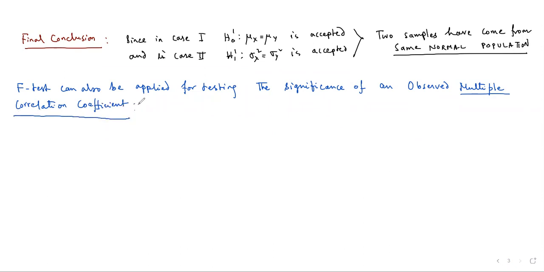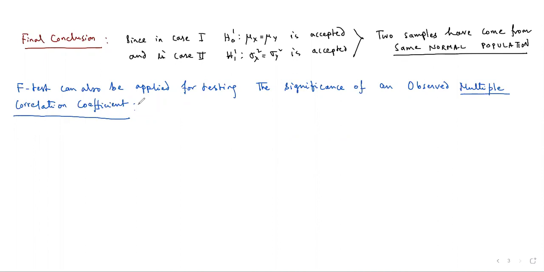Now, this is a kind of thing which has not been discussed in the classroom. We know that if there is a correlation coefficient, we can test its validity using the T statistic, but that is about the single correlation coefficient. But in case you have data regarding the multiple correlation, then you cannot use the T test.